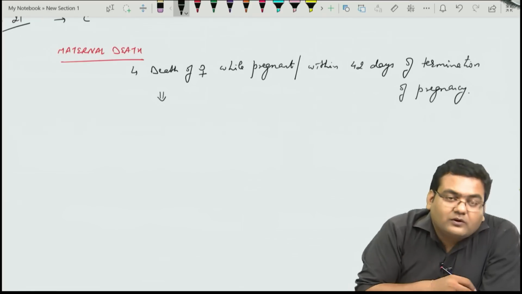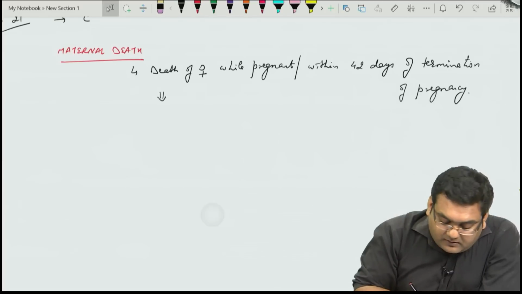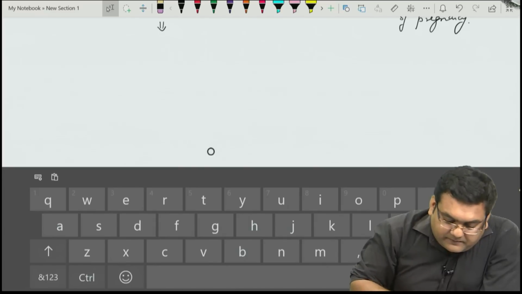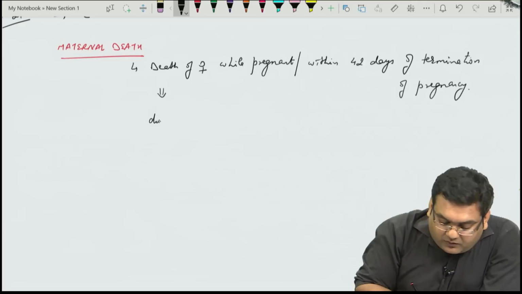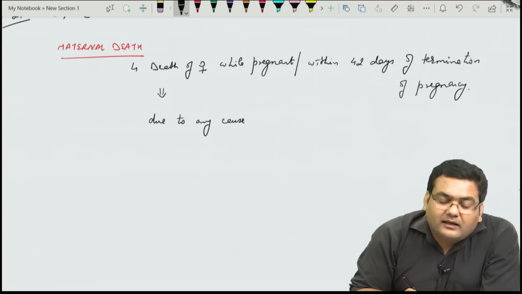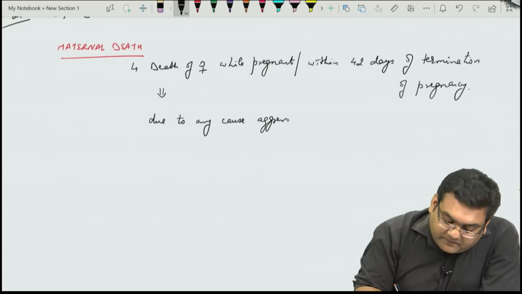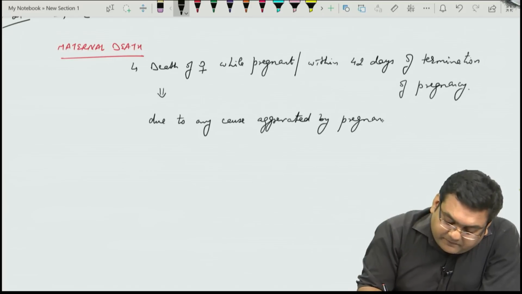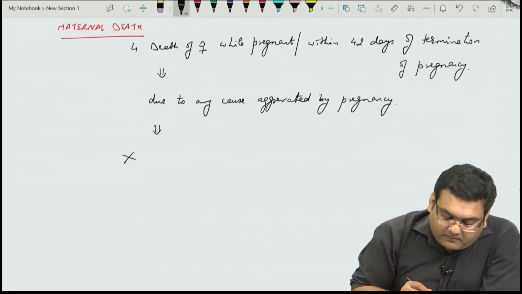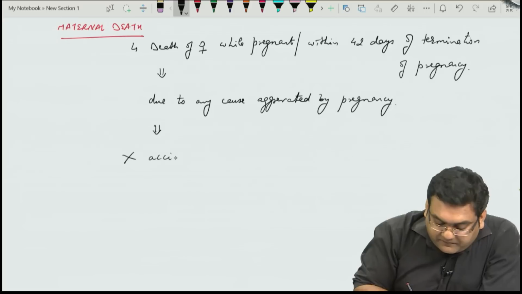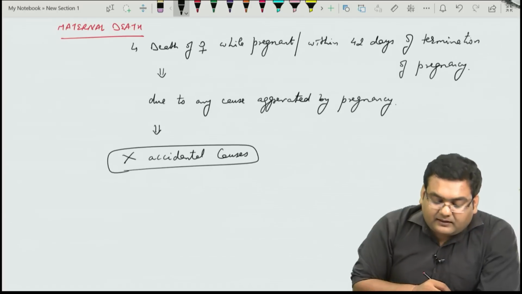Important point which we need to remember here is due to any cause aggravated by pregnancy, but not due to accidental causes.